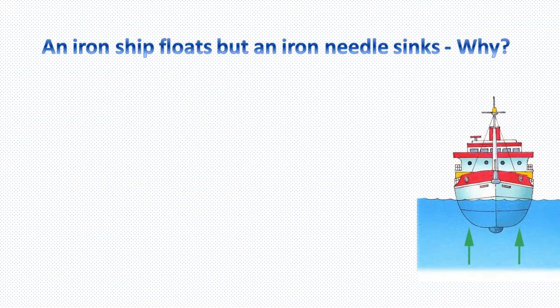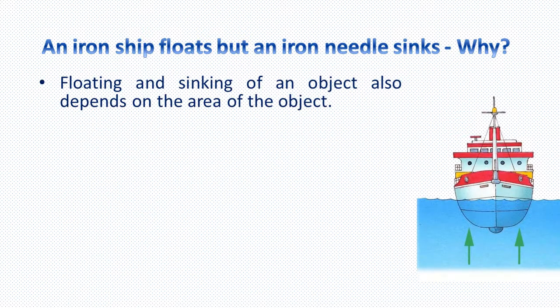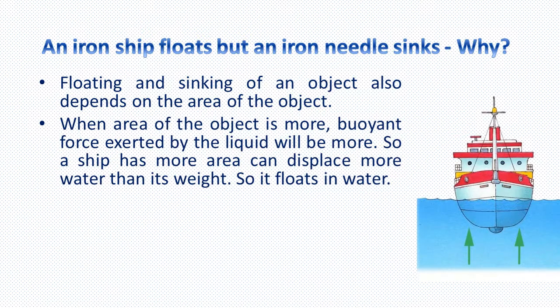In that poem, we have seen a question that is, an iron ship floats but an iron needle sinks. Why? Let us see the reason for this. Floating and sinking of an object also depends on the area of the object. When the area of the object is more, the buoyant force exerted by the liquid will be more.